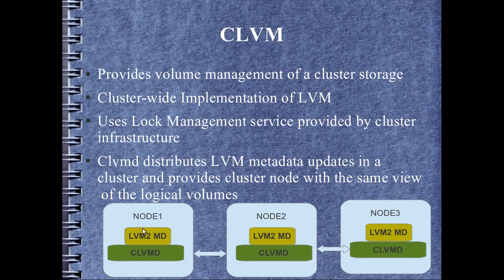And till the time LVM2 metadata is modified by node 1, none of the nodes in the cluster can modify anything on that particular volume group. So it provides volume management of cluster storage. It's actually a cluster wide implementation of LVM. It uses the distributed lock management service that is provided by the cluster infrastructure suite. clvmd distributes LVM metadata updates in the cluster and provides cluster nodes with the same view of logical volumes.